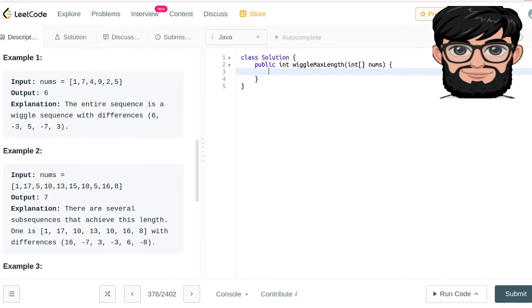Okay, that being said, the algorithm is basically going to be: we're going to have an upgoing array and a downgoing array, which is going to keep, whenever we are processing, the index, where we decide whether we're going to include that index or not. So if nums.length is equal to 0, we're going to return 0.